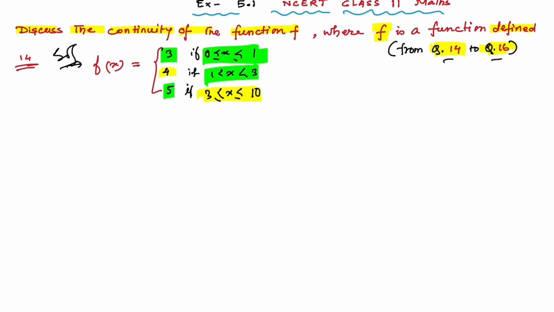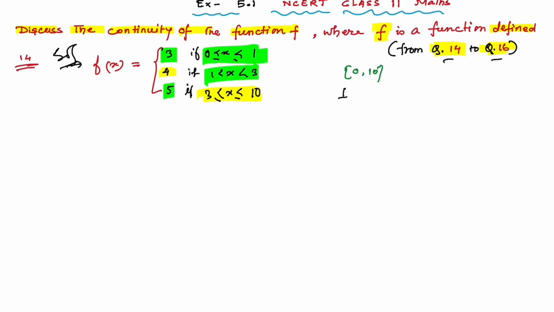The given function is this. Clearly, the domain is the closed interval 0 to 10. The possible points of discontinuity are the points of partition.